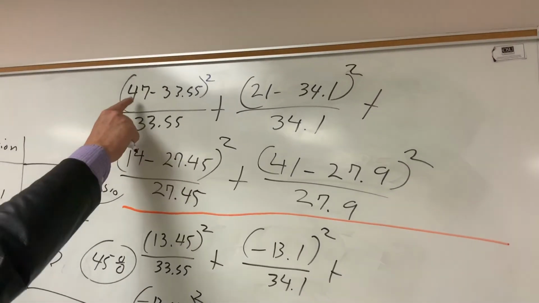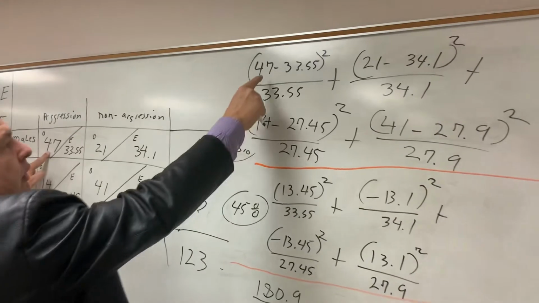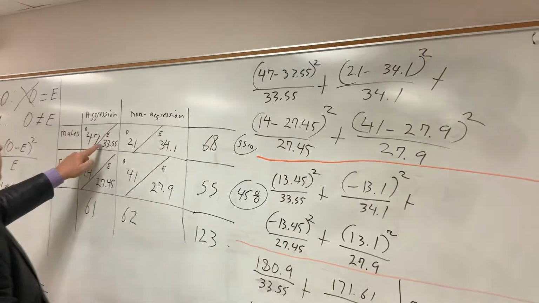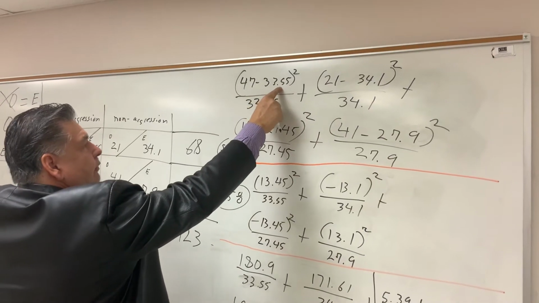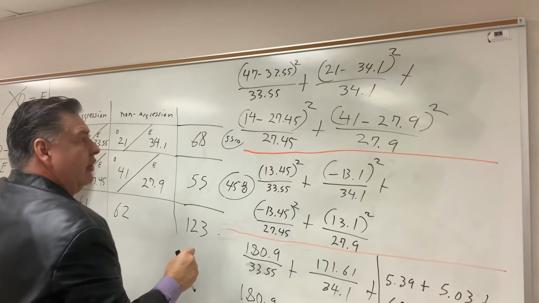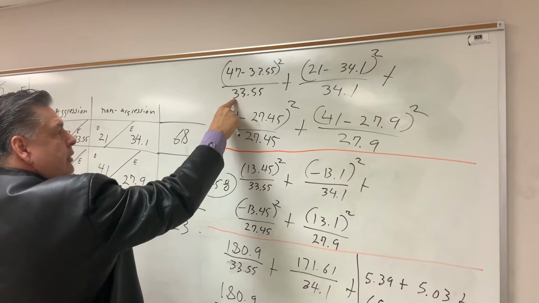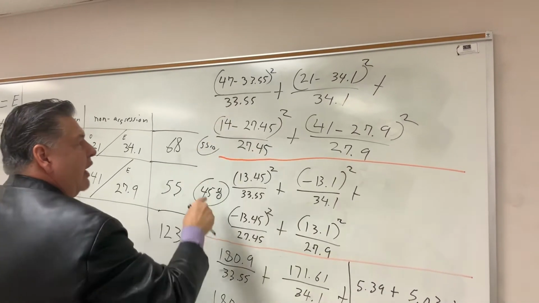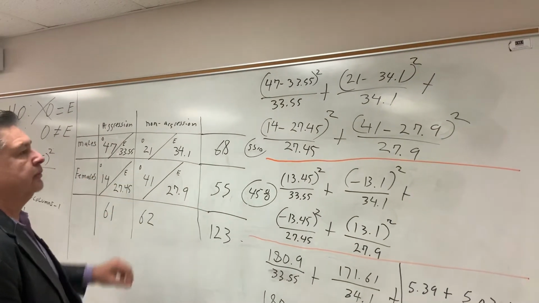For the first cell, I'm going to take my observed, which is 47. I'm going to subtract my expected, which is 33.55. I'm going to square that, and then I'm going to divide by my expected, 33.55. And I'm going to do that for each one of these cells.